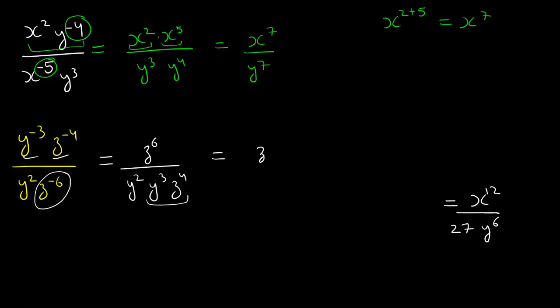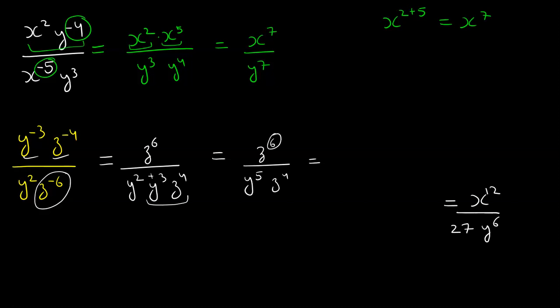So z6, first I will write it the same, and y square times y cube, we get y5. Remember, y 2 plus 3 is 5, and z4. And now using the division method, we can simply subtract. Wherever the exponent power is bigger, subtraction happens over there.